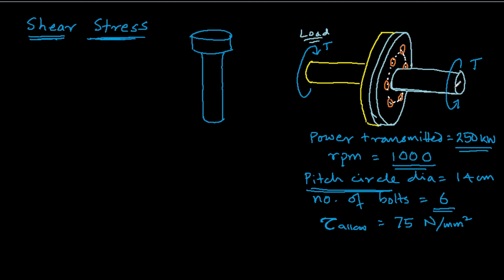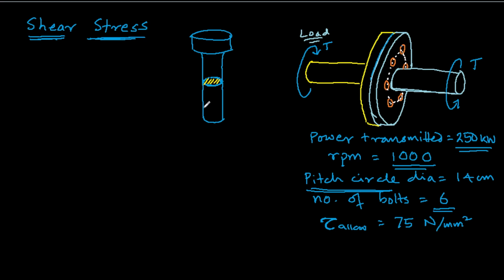Once this side of the flange tries to rotate, there will be a section here which coincides with this junction. There the bolt would try to shear off, as if this side is sheared off from the upper half. So this is the area which is taking the total shear stress.